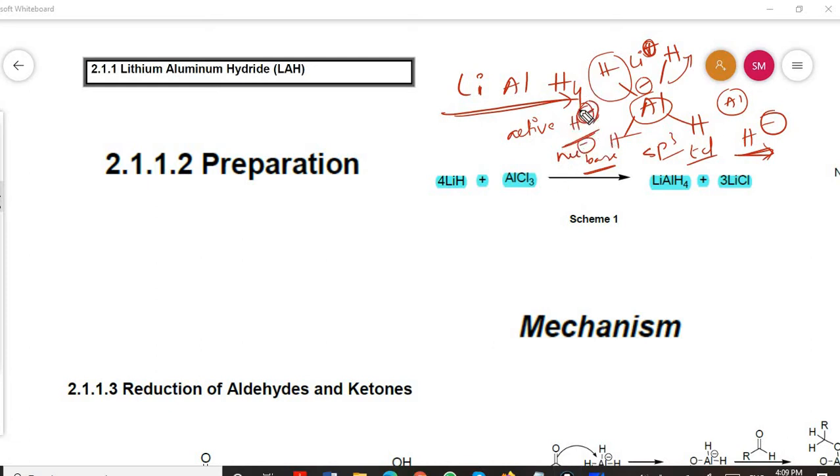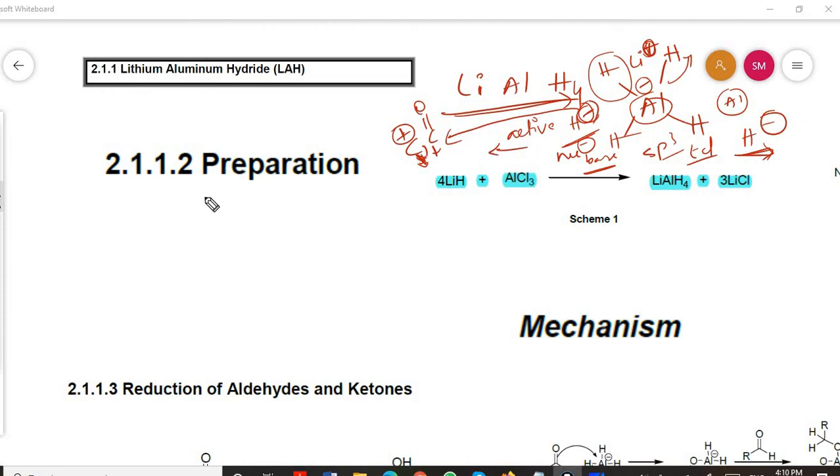This H minus will attack electron deficient positions, either a carbocation or a carbonyl carbon or any other. These are electron deficient positions that readily accept the nucleophile. So this is the basic idea of lithium aluminum hydride.